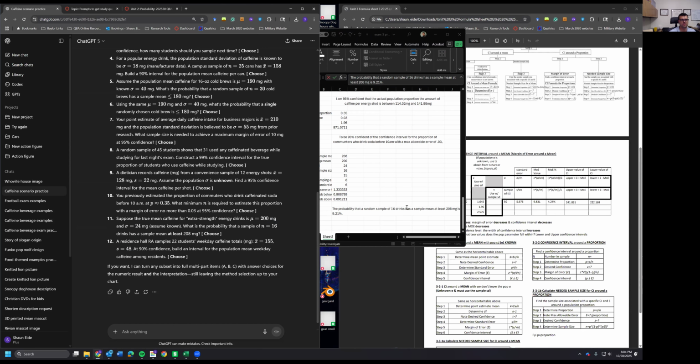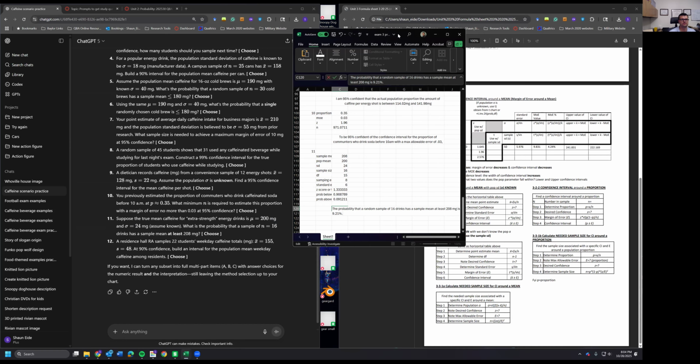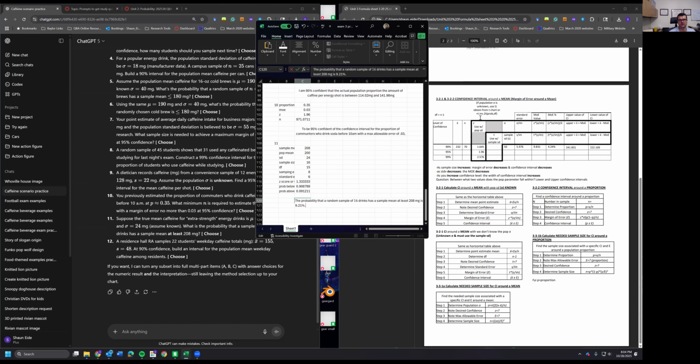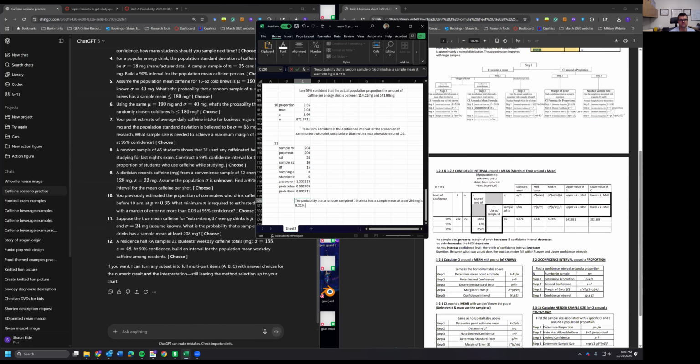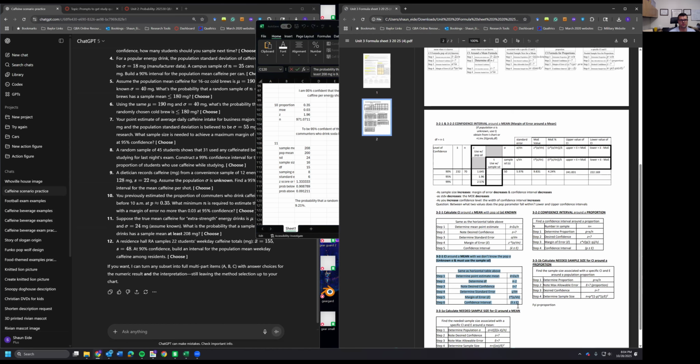So sample standard deviation means that you're going to be doing a confidence interval around a mean with the population standard deviation unknown. So I'm going to come right over here and go to step one, margin of error, confidence interval around a mean, margin of error, and then population standard deviation unknown. And so we're going to be doing this one right here. We'll just do that again really quick.